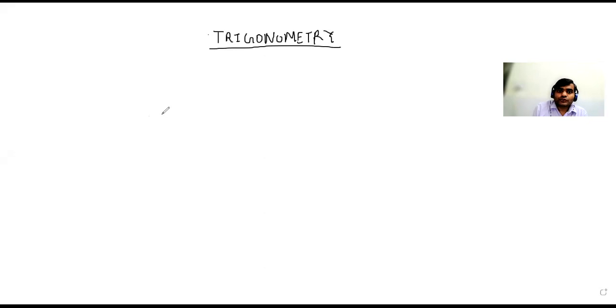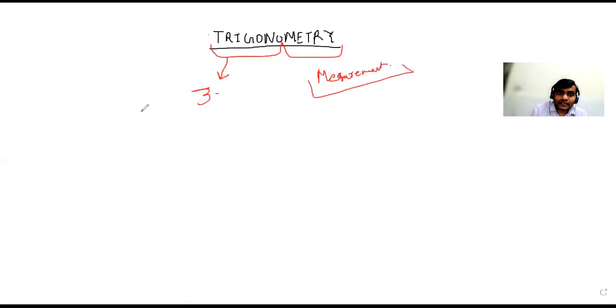First of all, I want to explain to you what trigonometry is. The word trigonometry is formed from a combination of two Greek words: trigono and metry. Trigono means the combination of three, and metry means measurement.